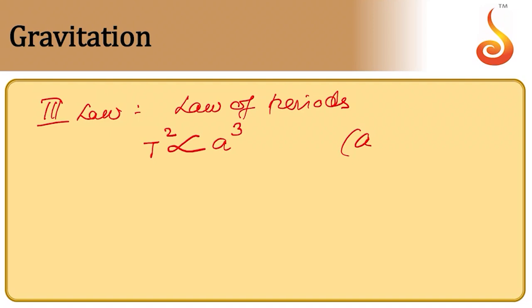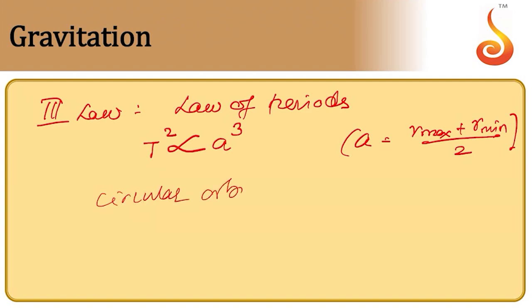A is actually the semi-major axis, which is R max plus R minimum divided by 2. Many times for circular orbits it becomes very simple. For circular orbits it is T square directly proportional to r cube. But remember, this is actually the mean radius. A is nothing but the mean radius. So mean radius cube.